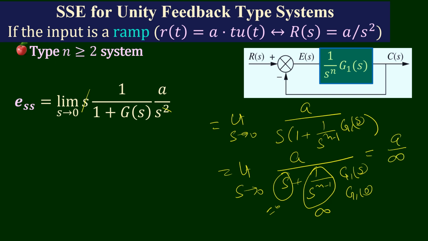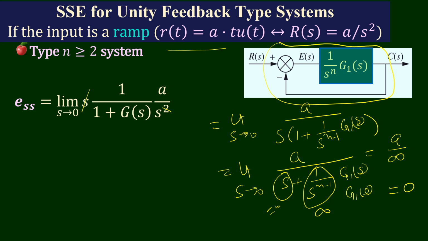So in this case, the steady state error of the system will be equal to 0 if this closed loop is stable. And the summary is that if someone wants to design a closed loop such that the steady state error for the ramp input signal is 0, then the open loop transfer function must be type 2 or higher than type 2.